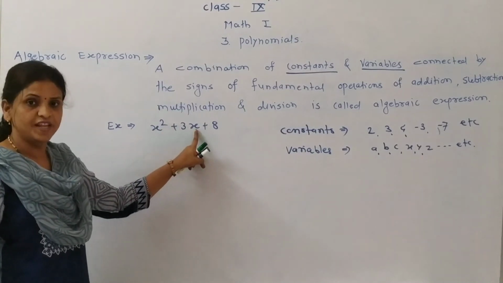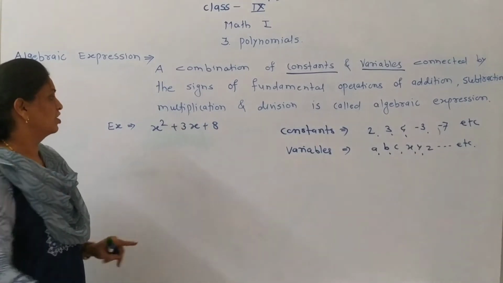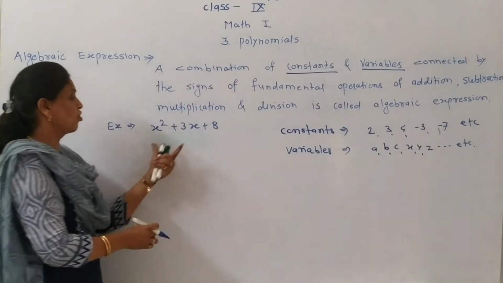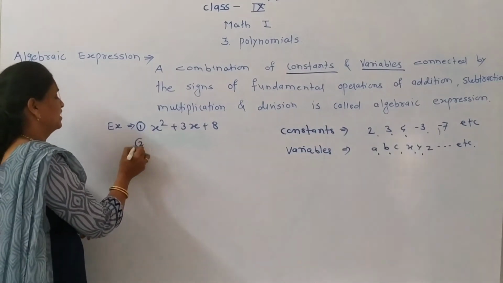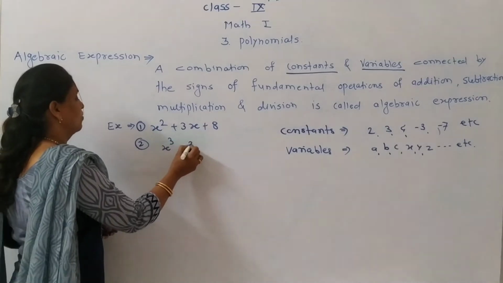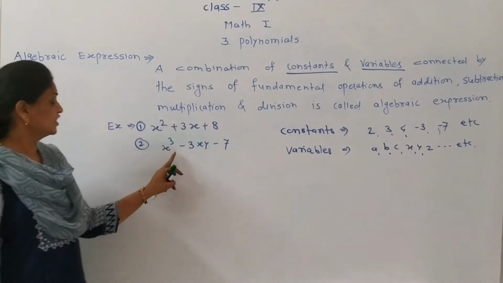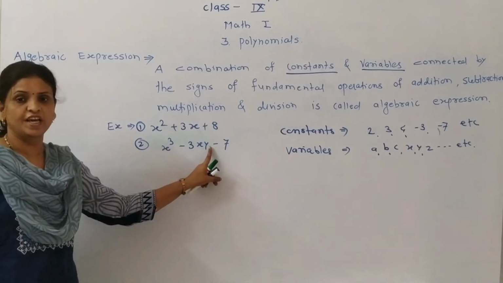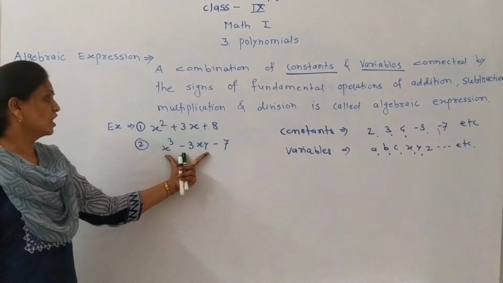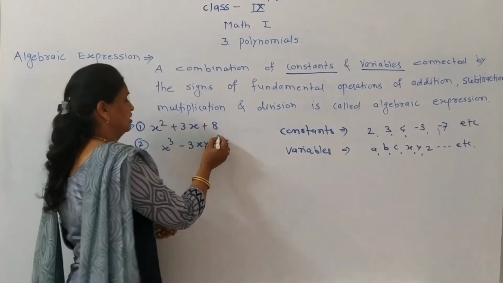X is the variable and the single number is the constant. Again, the second example is x cube minus 3xy minus 7. In this equation, x and y both are variables and -7 is the constant.